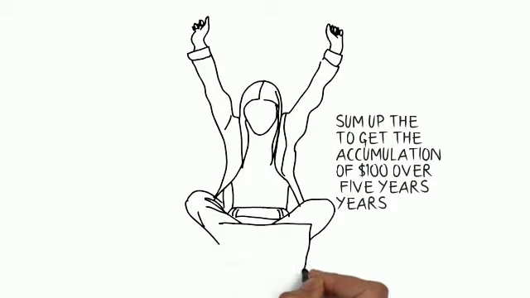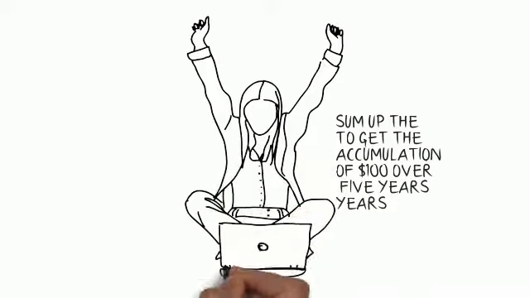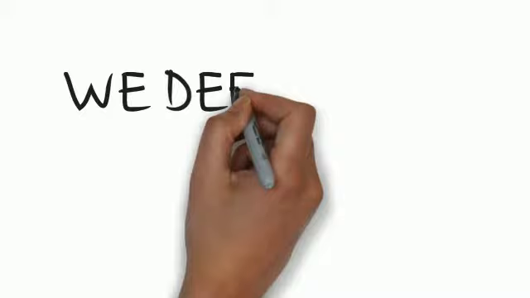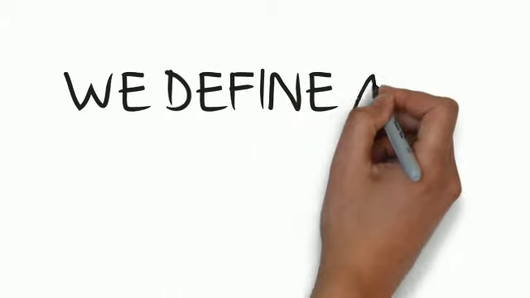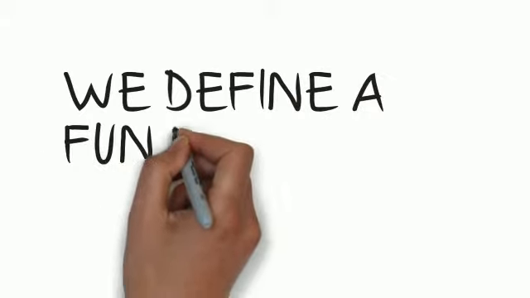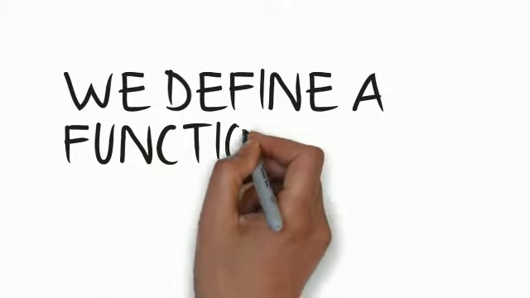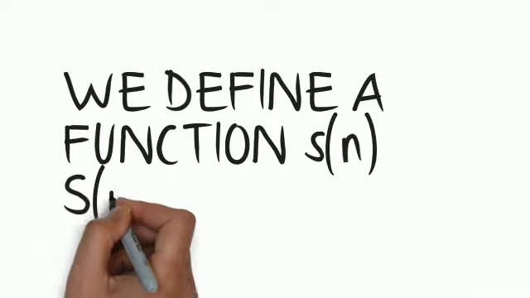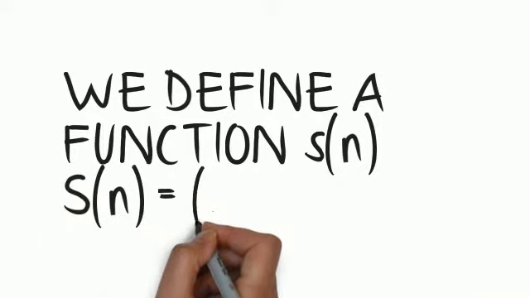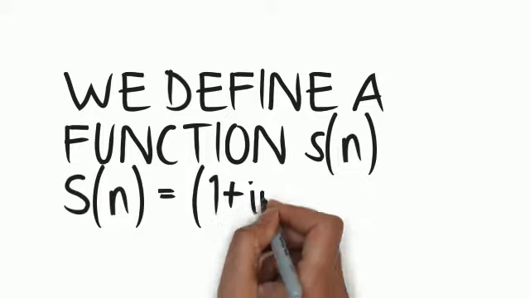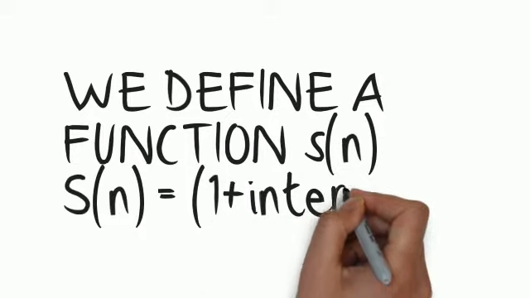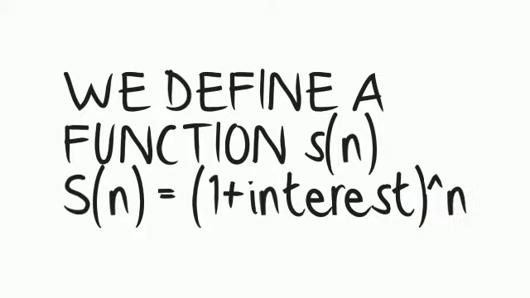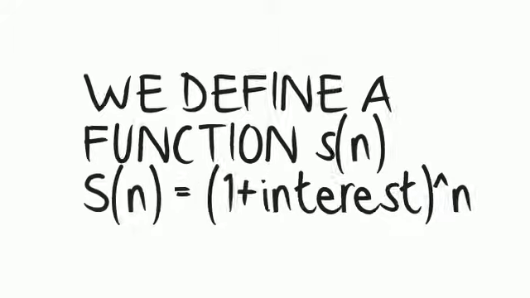Now, we can get a bit more scientific by defining functions that make the calculation easier. In this case, we define S of n, which is 1 plus the interest rate, all of that raised to the power of n.